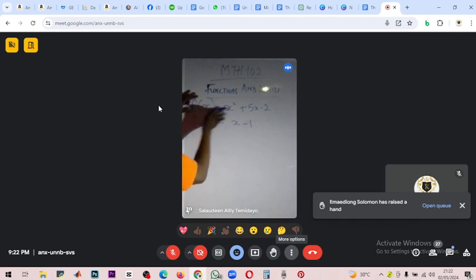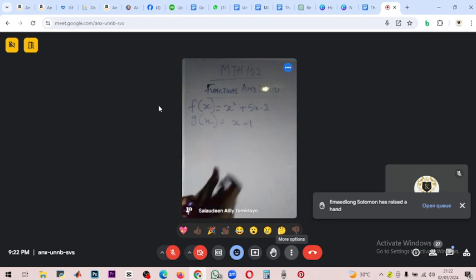Now, you have f of x to be the same function, right? x squared plus 5x minus 2. And you have g of x to be another function, x minus 1. We said composite function is having f of g of x or g of f of x.